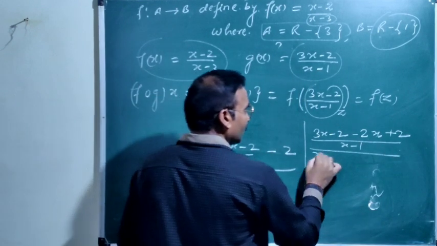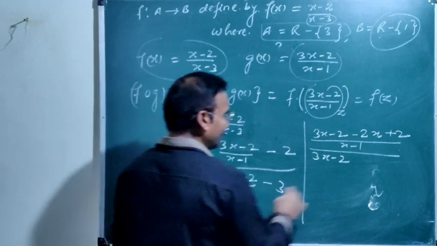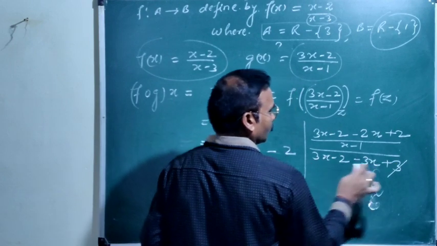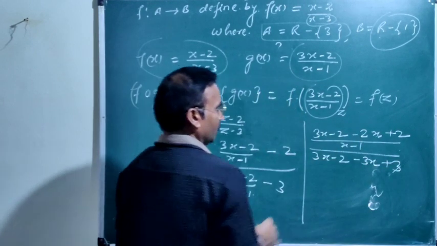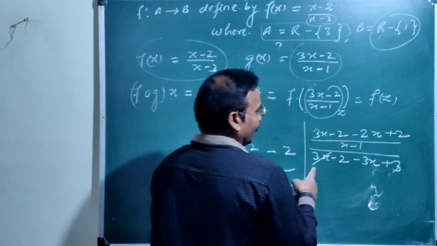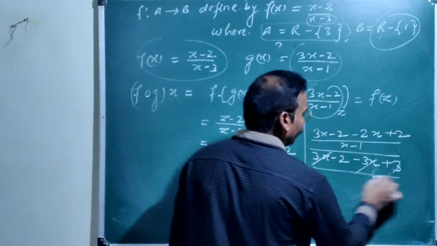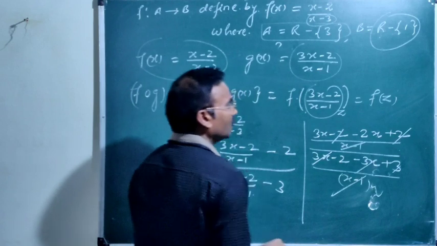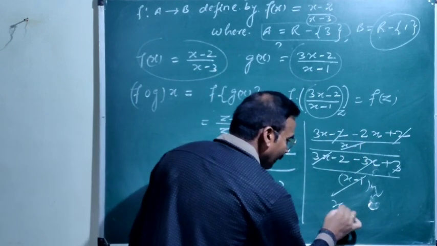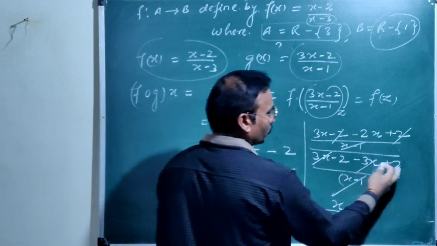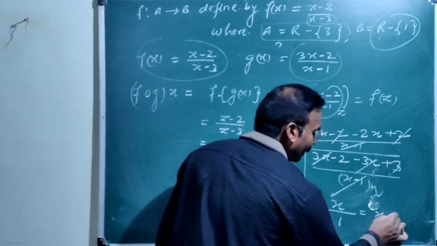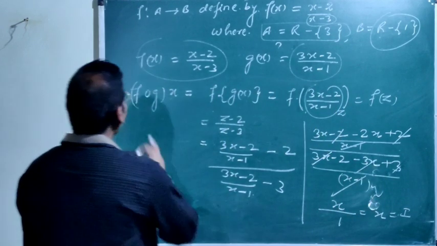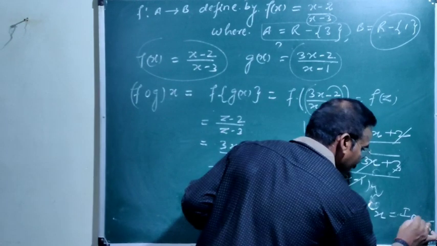Now minus 3x and plus 3x cancel out, and x minus 1 also cancels out. So 3x minus 2x is x, divided by minus 2 plus 3, which is 1, equal to x. x is called the identity function, and this is noted as f of g(x) equals I_B.